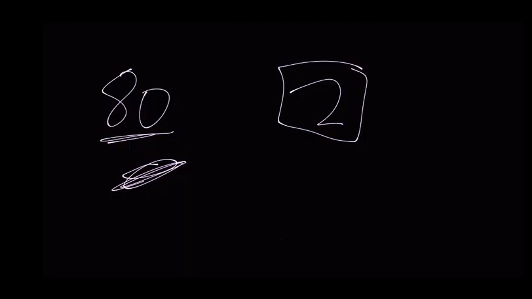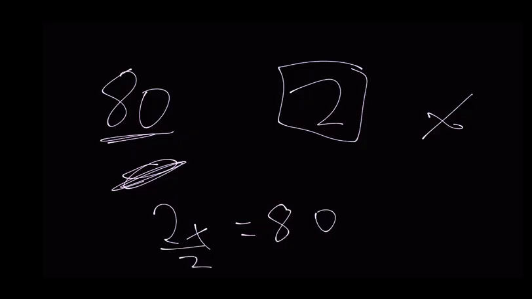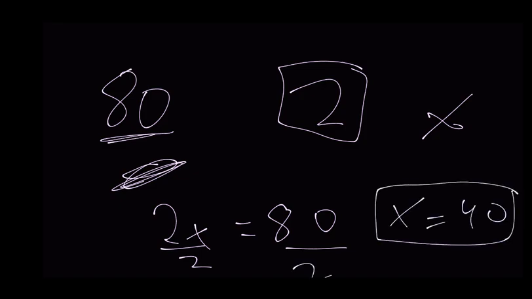And you don't know how much to split it by, okay? And you're being asked, how much does each person have to pay? So you have to do 2x equals 80, and divide by 2, because the operation here is multiply. X equals 40. So each person has to pay $40 for their side of the paycheck.